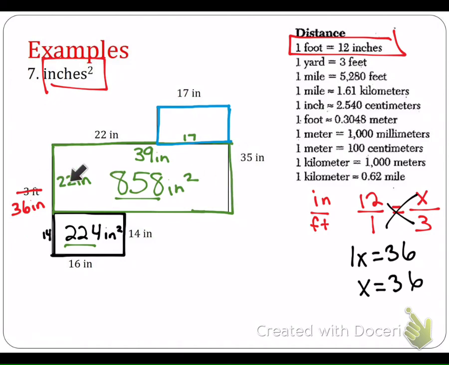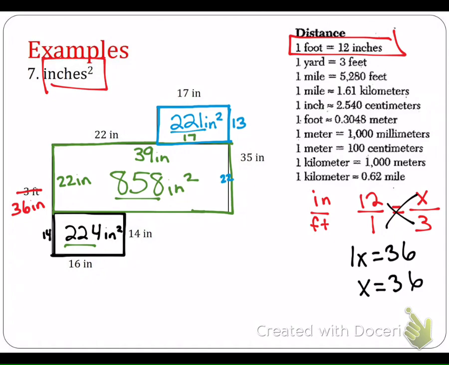22, it's the same as this side, okay? These are rectangles, so the opposite sides are congruent. So if you subtract the 22, what would you get? 13. That's the dimension you use when you're finding the area of the blue rectangle. Anyone have it? 221 square inches.